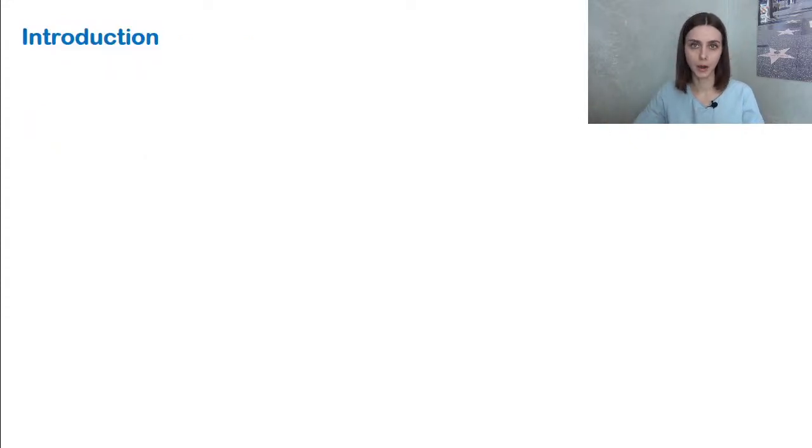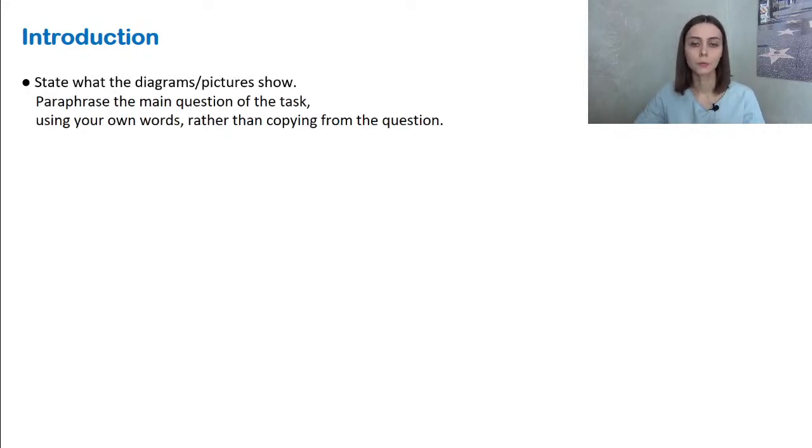Now let's practice a bit. Let's practice writing the intro. You need to state what the diagram's pictures show. For this, you have to paraphrase the main question of the task using your own words rather than copying from the question.